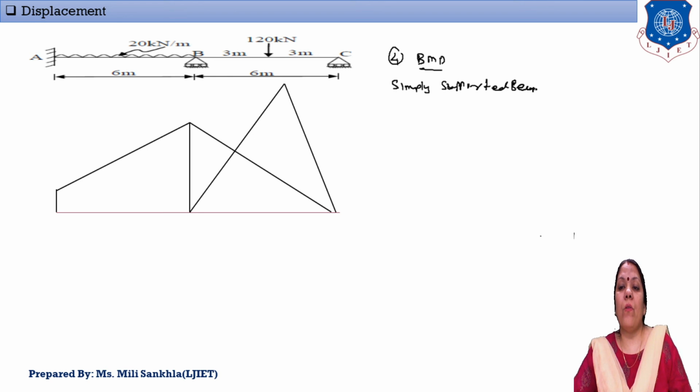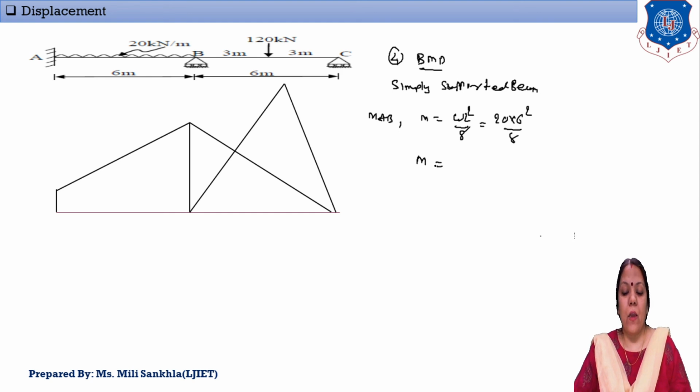For that, the first moment MAB is equal to the simply supported beam moment WL square by 8. W is equal to 20, then L is equal to 6, squared, divided by 8, and M is equal to 90 kilonewton meter.